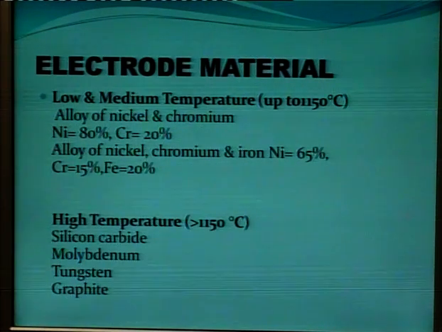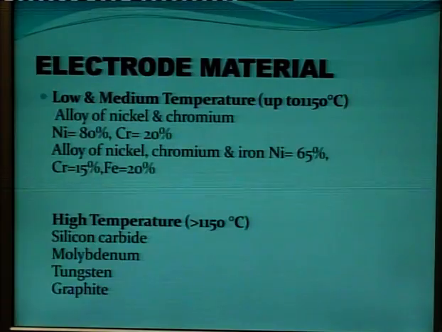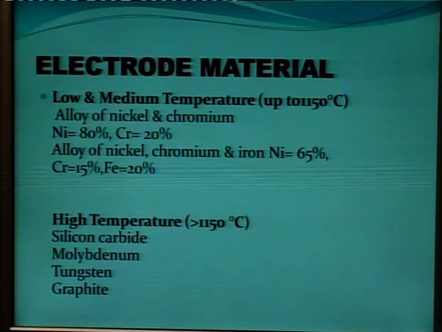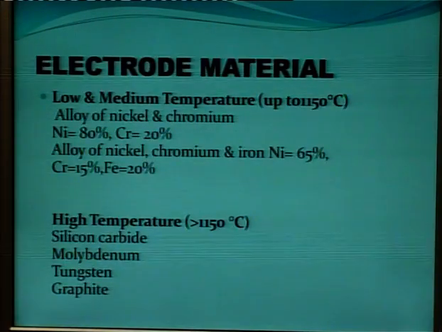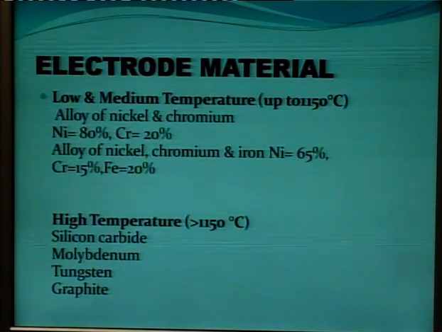So for the electrode material, the choice depends upon the temperature for which we are using that material. The first is for low and medium temperature up to 1150 degrees centigrade, where we use an alloy of nickel and chromium, in which nickel percentage is 80% and 20% is chromium.